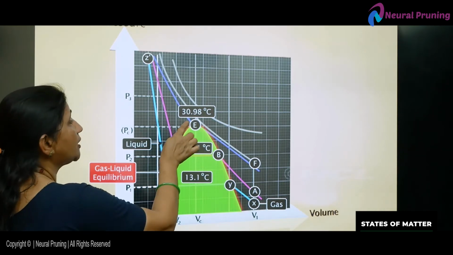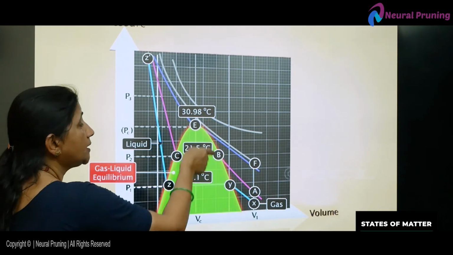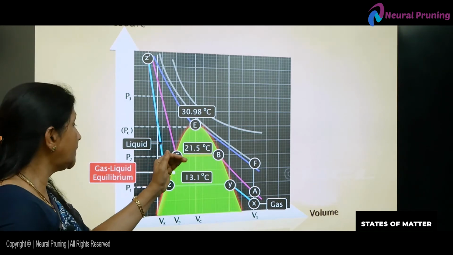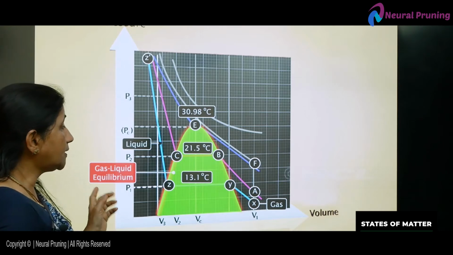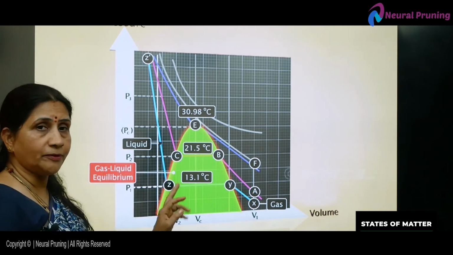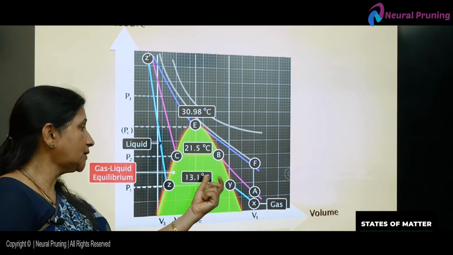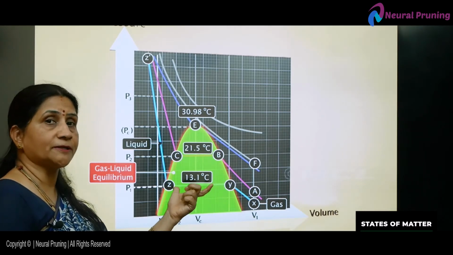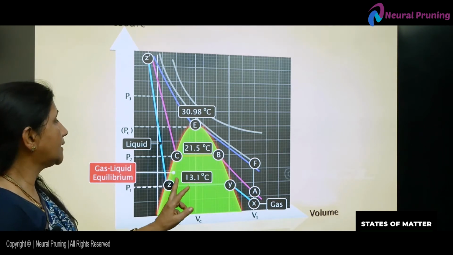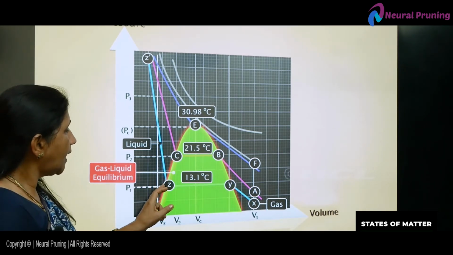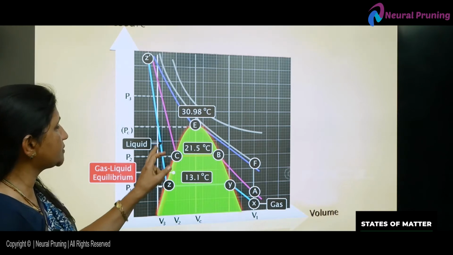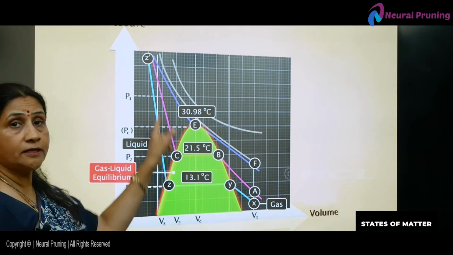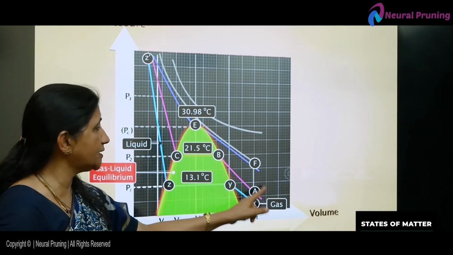Joining all these points, we get a curve like this, and the area under it indicates gas-liquid equilibrium, because this area has both gas and liquid states present. At point C, there is only the liquid state, and here only the gaseous state.